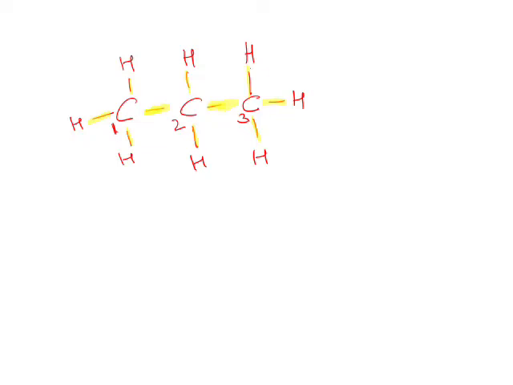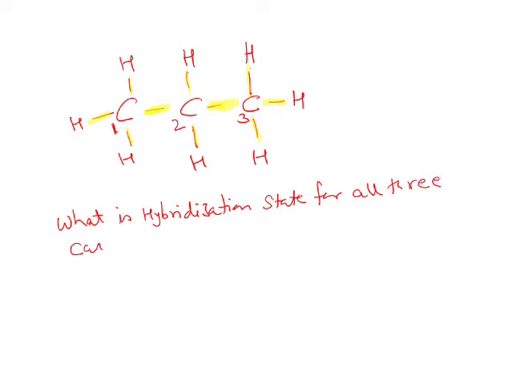So if I ask you, what's the hybridization state for all three carbon atoms, that is carbon 1, carbon 2 and carbon 3, how are you gonna figure it out? You have to look at how many single bonds you have.